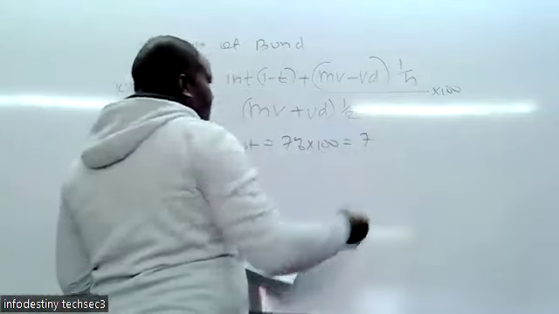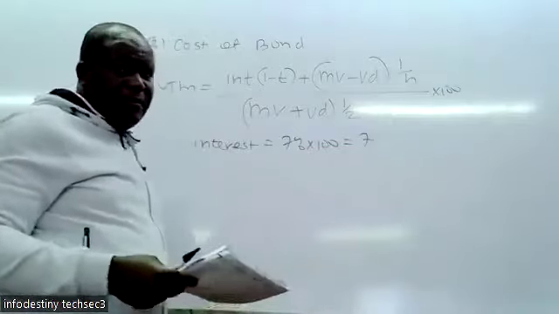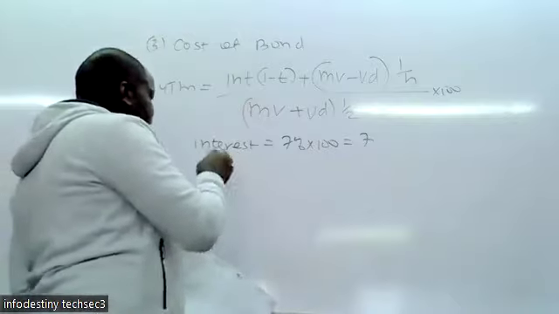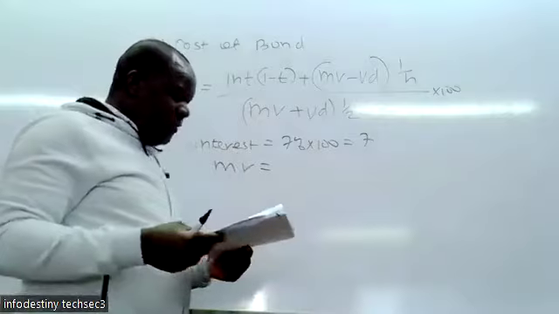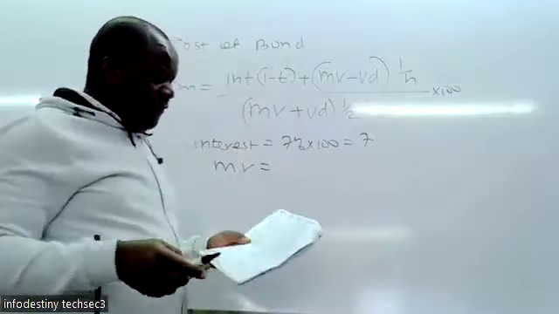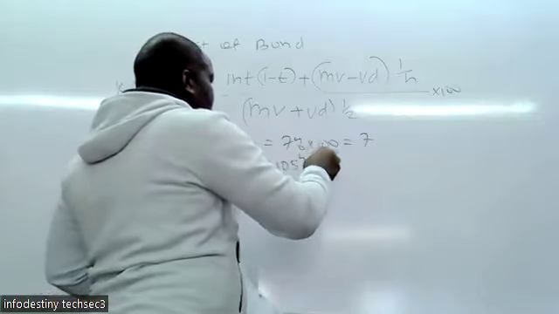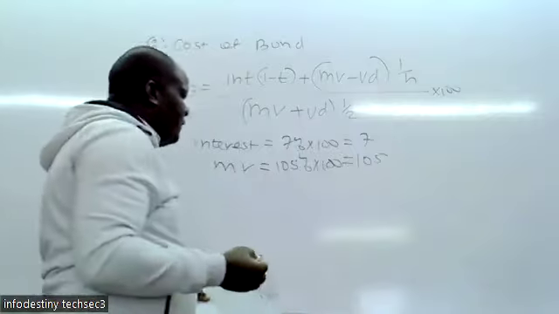Then maturity value has been given because it was redeemed at a premium of 5%. So get 105% of 100. That will be the same as 105.